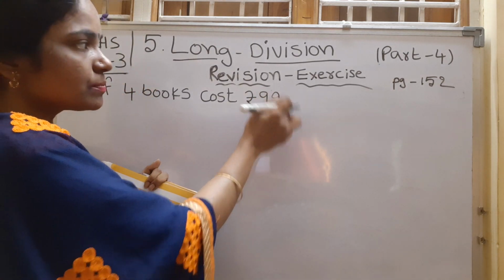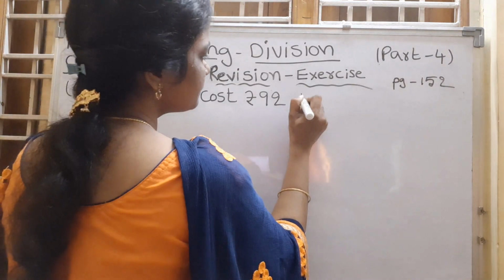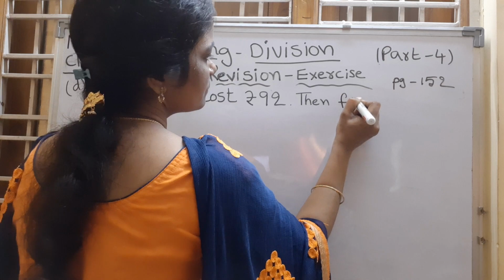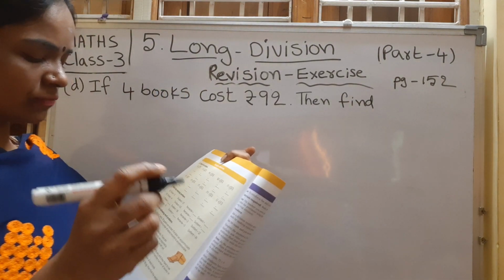The rupees symbol always comes before the number. Then find the cost of each book.